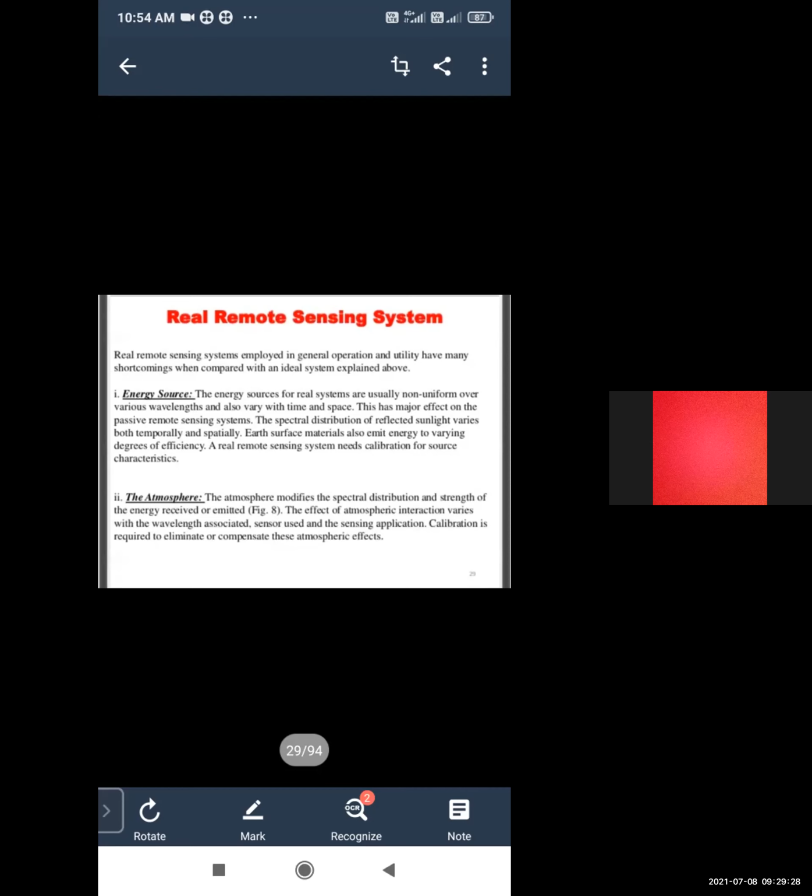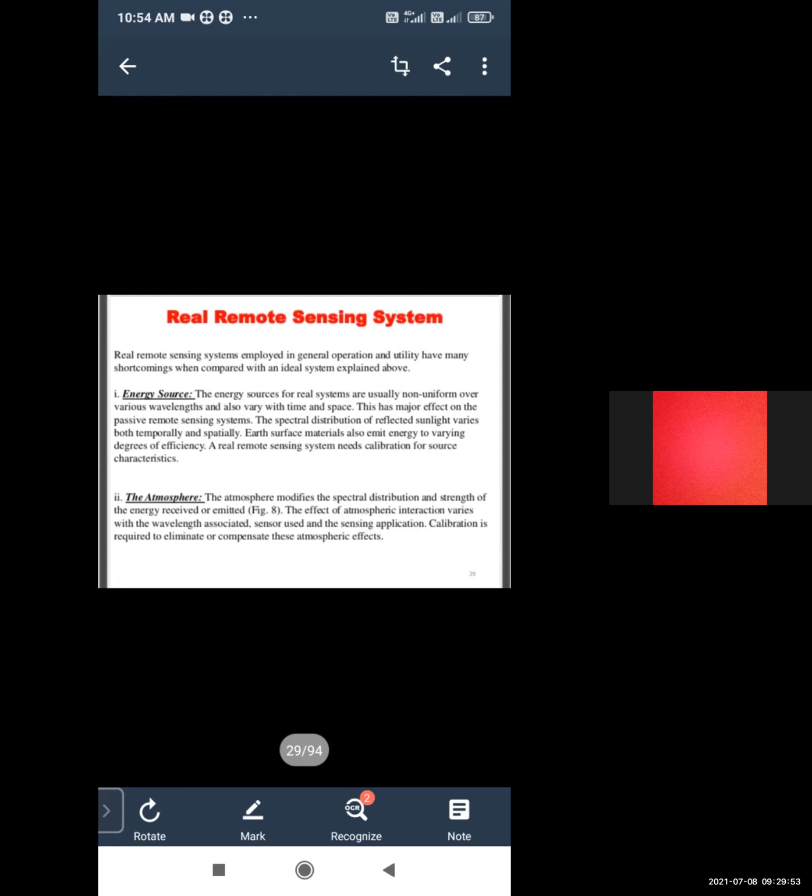In a real remote sensing system, energy sources are usually non-uniform over various wavelengths and also vary with time and space. This has a major effect on passive remote sensing systems, and the spectral distribution of reflected sunlight varies both temporally and spatially.